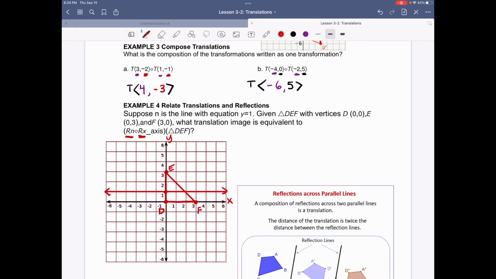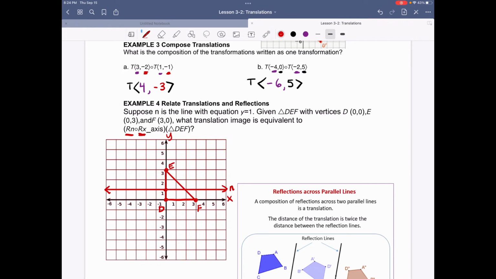Okay, so what they're asking us to do is to reflect over n, so this is line n, and to reflect over the x-axis. So we're doing two reflections. But it's backwards, so actually we should reflect over the x-axis first. So we're going to reflect over the x-axis first.